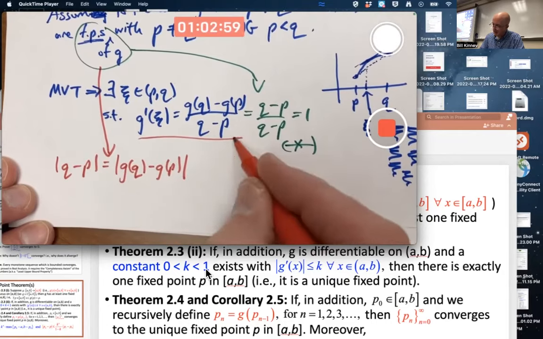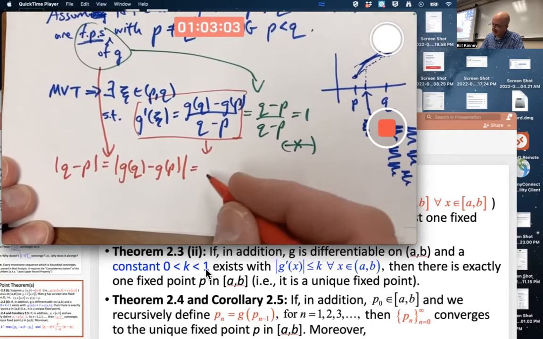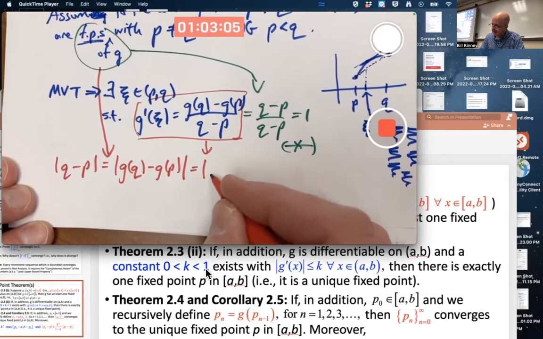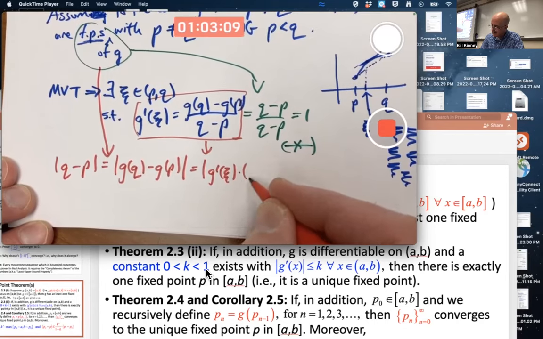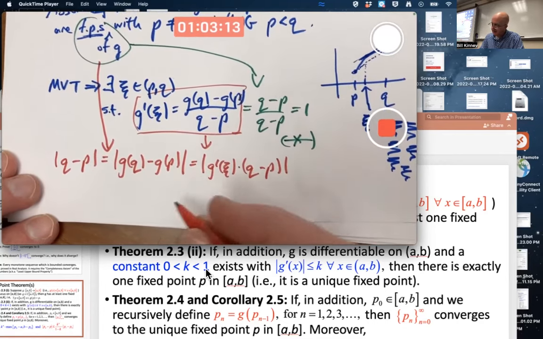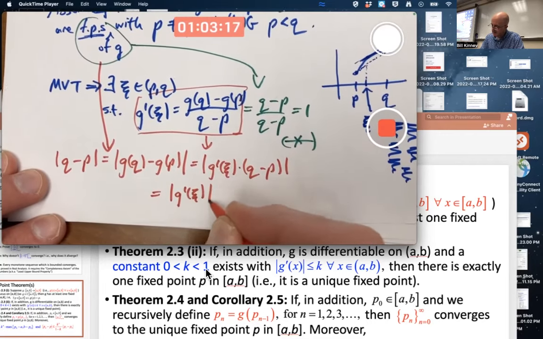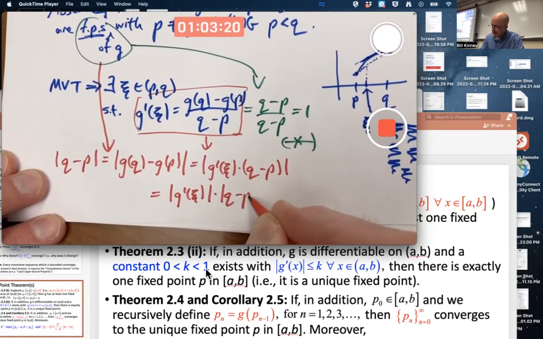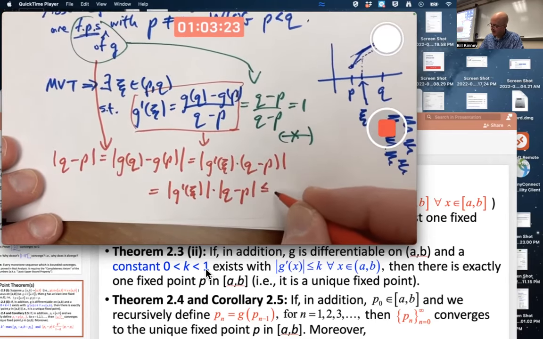But then using this equation and multiplying both sides by Q minus P, that's the same as this. The absolute value of the product of two numbers is the product of their absolute values, and then use the inequality and the assumption in the theorem.